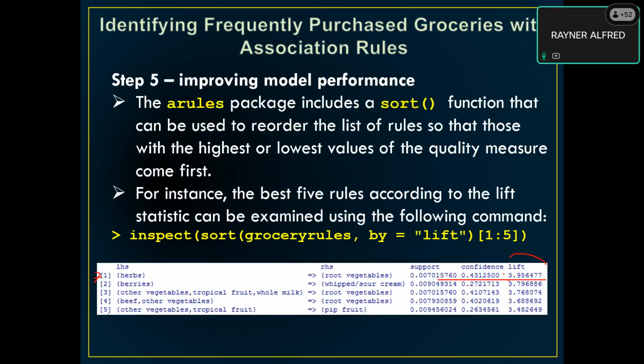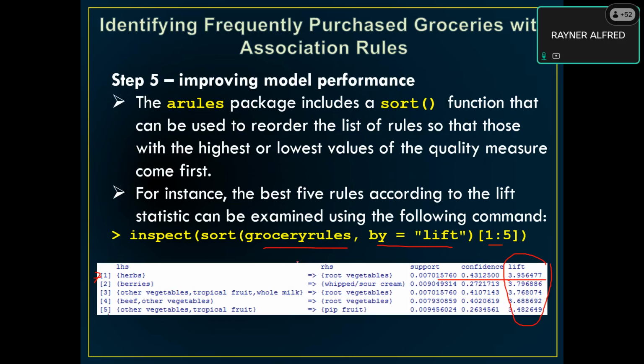They are arranged based on the lift. These are the top 5 rules that we can get from the grocery rules, in lift order. We only display the 5 rows.